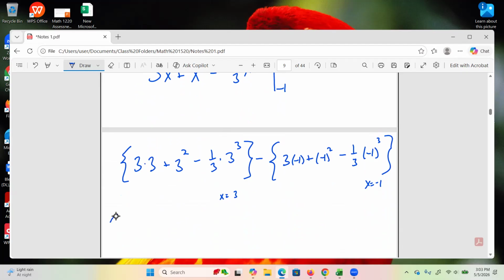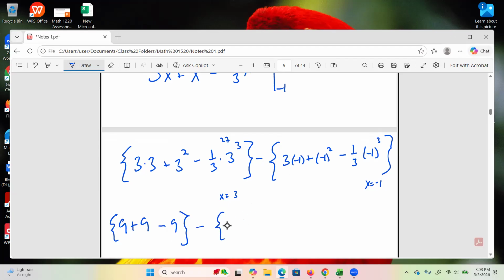So we have 3 times 3 is 9, plus 3 squared is 9, minus, well, 3 cubed is 27. 27 divided by 3 is 9. So we're going to say -9. Okay, and that's my first little bit here.